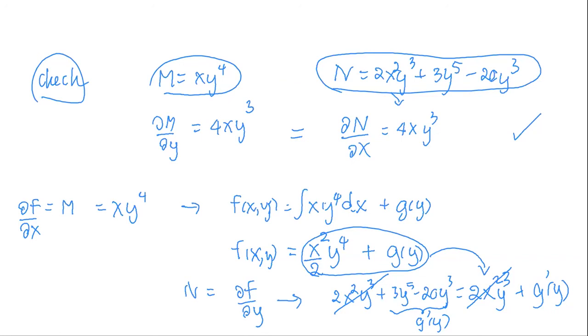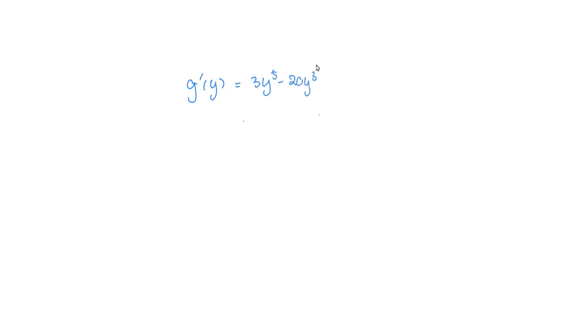Okay, and I'm gonna add another page. Now your g prime of y equals 3y to the fifth minus 20y to the third, so we can find g of y as the antiderivative of 3y to the fifth minus 20y to the third with respect to y.